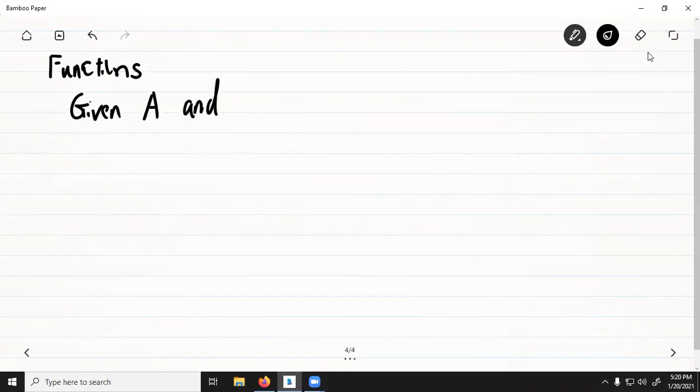Let's look at another one, which is about functions. We are given two sets, A and B, and a function is some relation between these two sets.